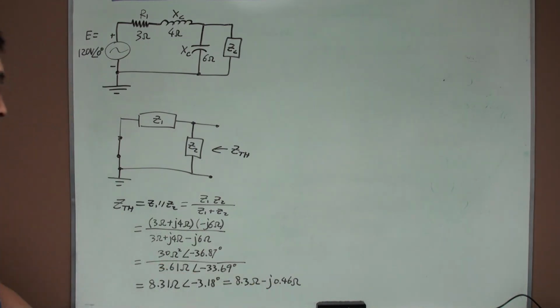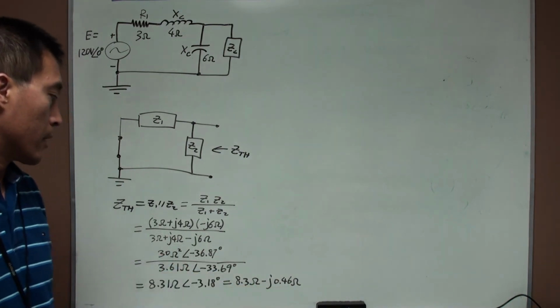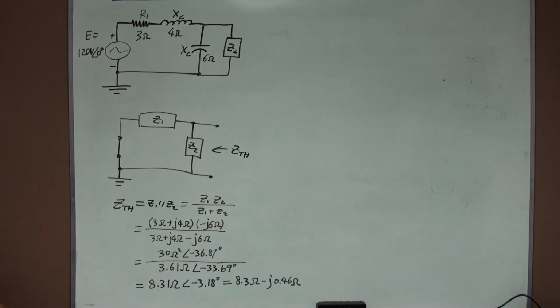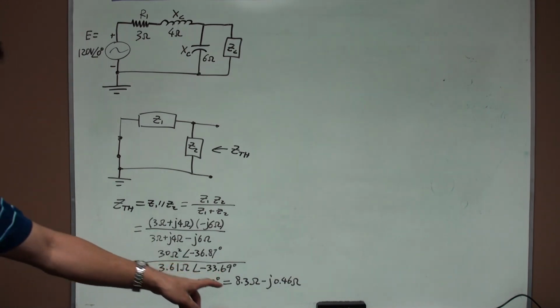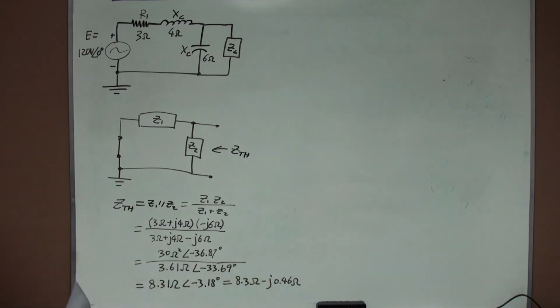You can see the Thevenin impedance is a combination of a resistance and a capacitive reactance. That means it's a resistor plus a capacitor. So we have this Thevenin impedance.